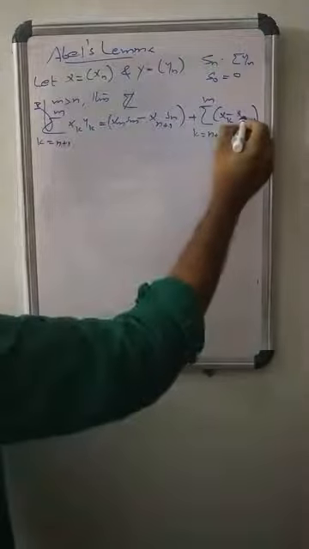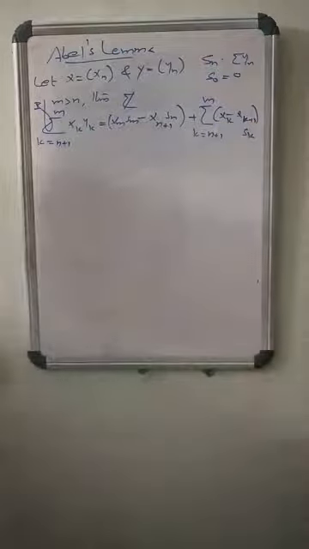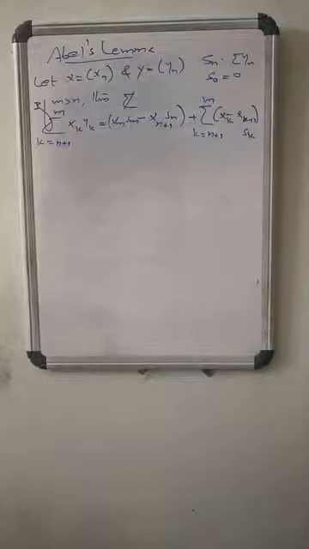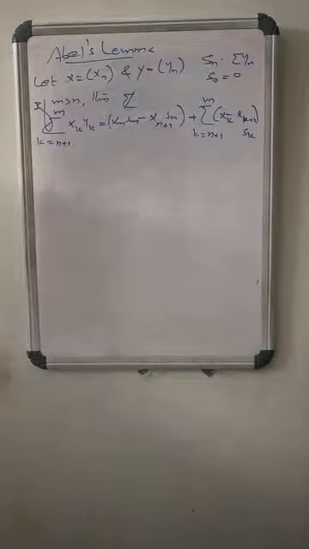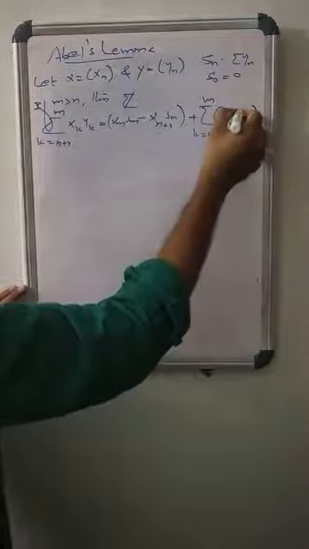It states that X equals (xn) and Y equals (yn) are sequences of real numbers. Let Sn be the partial sum of sigma yn with S0 equals 0. And if m greater than n, then sigma k ranges from n plus 1 to m of xk yk equals xm sm minus xn plus 1 sn plus sigma k ranges from n plus 1 to m of (xk minus xk plus 1) into sk.